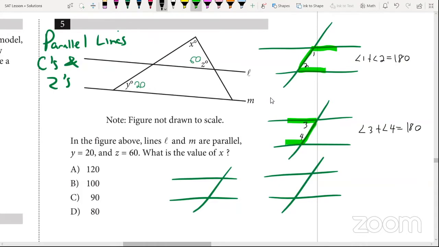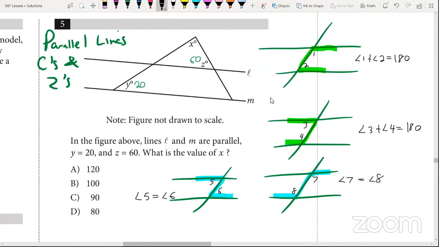And if instead of a C shape, we have a Z shape, like that, or like that, then we need to know that the 2 inner angles of that arrangement are equal to one another. So here, the measure of angle 5 equals the measure of angle 6. And here, the measure of angle 7 equals the measure of angle 8.